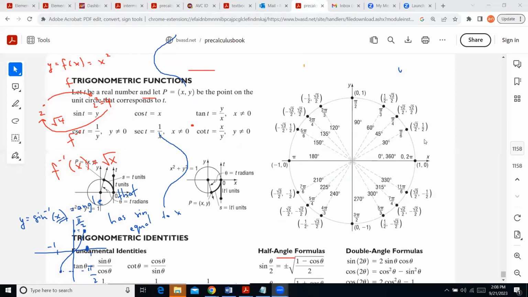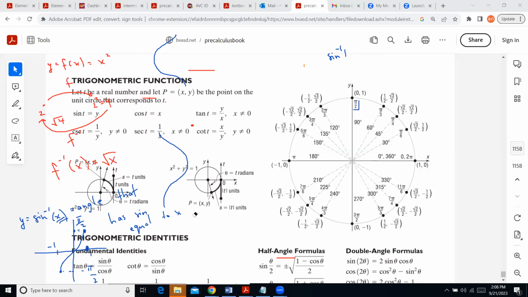And if you look at, for example, the point we considered, angle π/2, and try to find the arcsine or inverse sine, that would be arcsine at point 1.